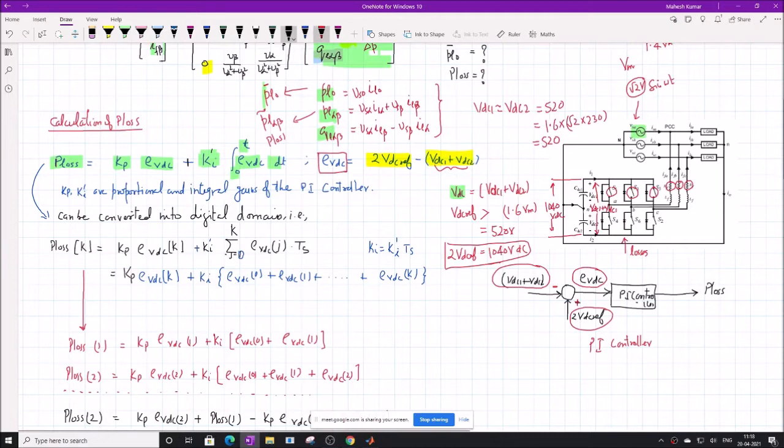Now Kp and Ki are the proportional and integral gains of the controller. They have to be designed, or decided, based on the performance of this controller. Mostly it is by trial and error, but there are some methods available which can also be used. Okay. So if we write this equation in the digital domain, at any time t equal to k into Ts, where Ts is the sampling time for this voltage error, or simply k into T, and k is the kth sampling point.